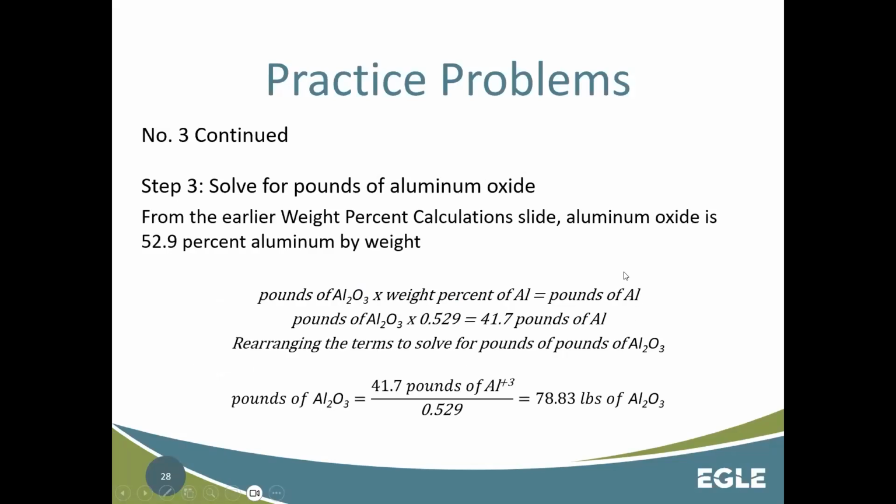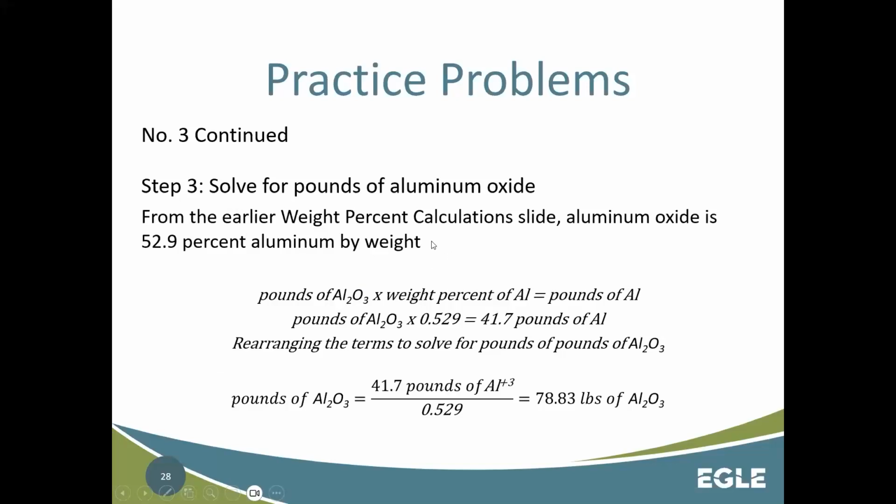All right, moving on to the third part of this problem, we need to solve for the pounds of aluminum oxide. So we know that, and we've done this in a few of the problems now, that aluminum oxide is 52.9% aluminum by weight.